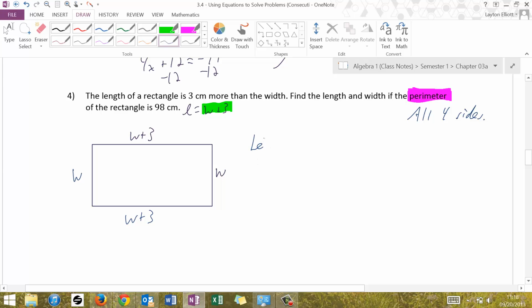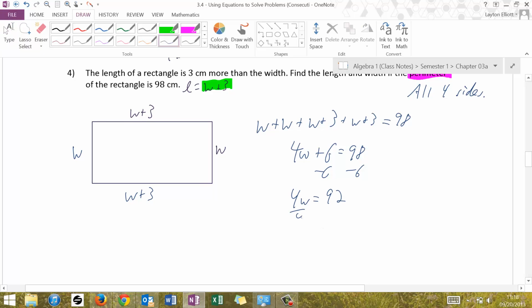So we don't need a let statement here. We have it in the figure. But I'm going to go W plus W plus W plus 3 plus W plus 3 equals 98, or 4W plus 6 equals 98. Subtract 6. 4W equals 92.